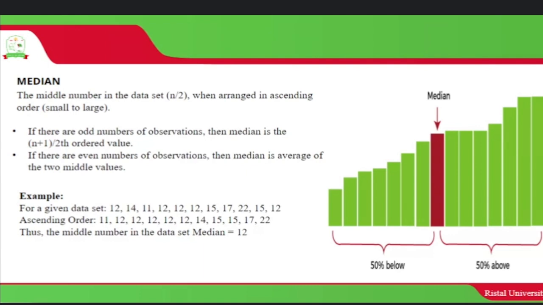A very common example is the median age. Usually age is presented using the median because most of the time it is skewed; it is not normally distributed. So the median gives the appropriate statistic presentation.